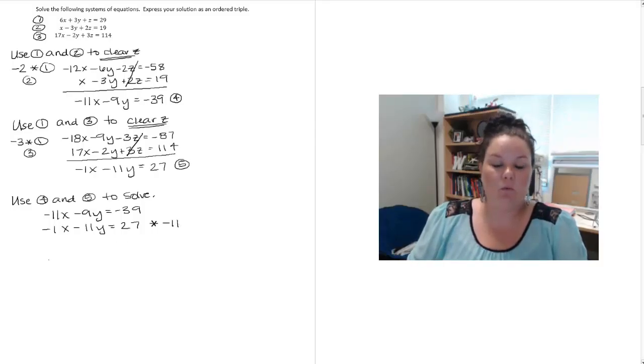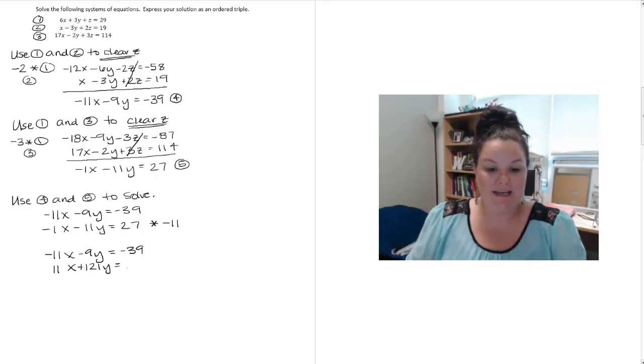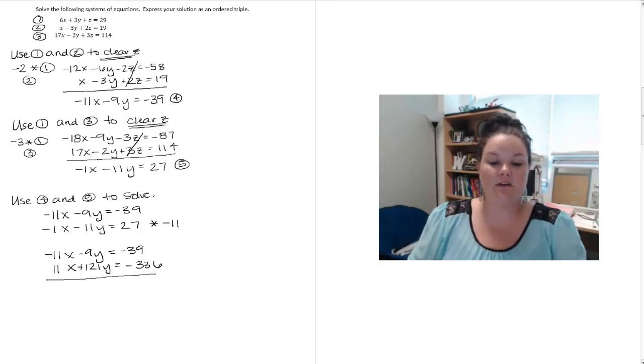So I'm going to rewrite equation number 4, which is negative 11x minus 9y equals negative 39. And then I'm going to distribute that negative 11 through equation 5, which is going to give me positive 11x, positive 121y, and on the right-hand side, I'm going to get negative 336. Okay. So now I can go ahead and add those two equations together.